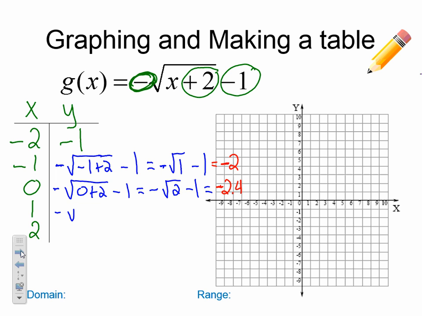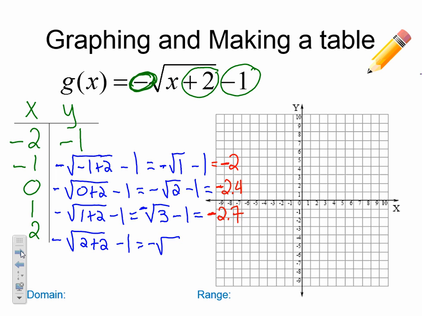We have negative square root of 1 plus 2 minus 1 equals negative square root of 3 minus 1, which equals approximately negative 2.7. Move on to our last one. So we have the negative square root of 2 plus 2 minus 1 equals the negative square root of 4 minus 1. Now, here, we know this is 2, but it's going to be a negative 2 minus 1, which is negative 3.